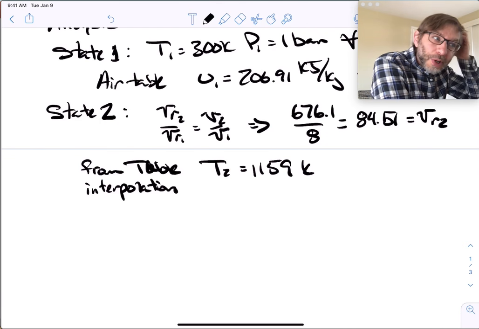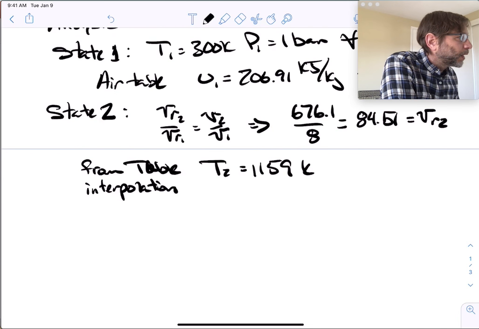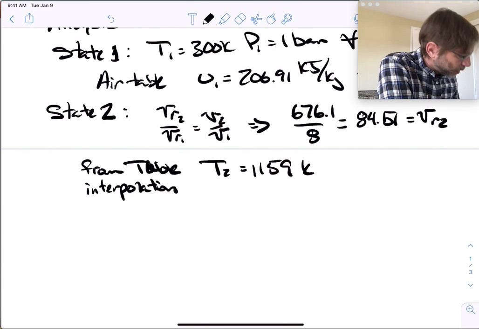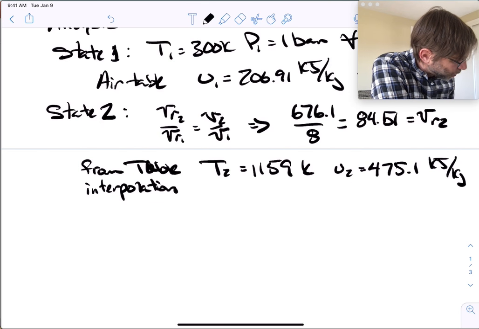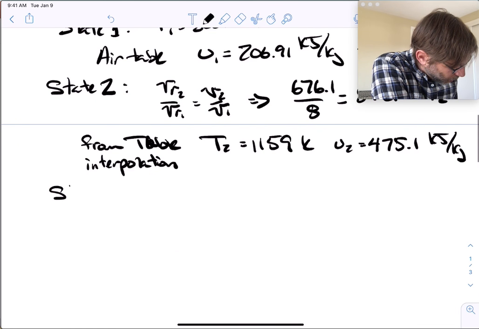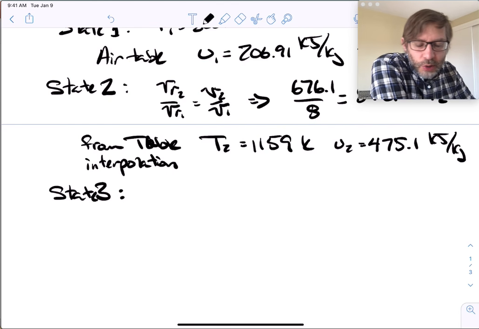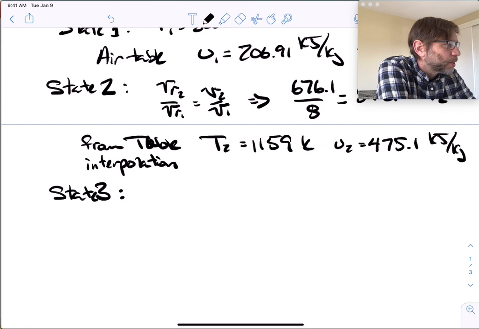And then u2 is equal to 475.1 kilojoules per kilogram. Okay, and now we have state 3, because as you know, the only thing we need to know is the internal energies.